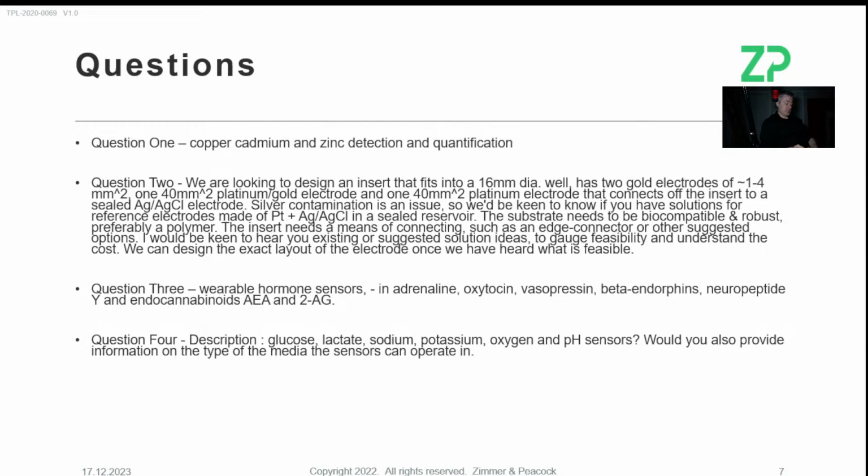The sort of samples we talked about here are blood and interstitial fluid, which is something we do quite a bit at ZP. Urine, we've always got sensors going into urine. Saliva, I mentioned testosterone detection earlier, and we also work with things like tear film. So at ZP, we really do specialize in measuring things in the liquid phase. What that liquid phase is, we're less sensitive to.